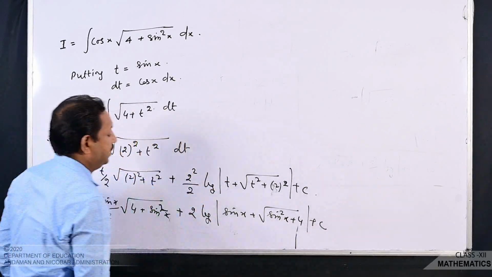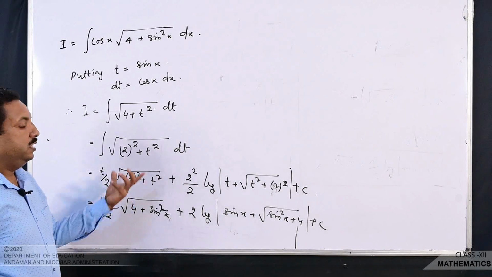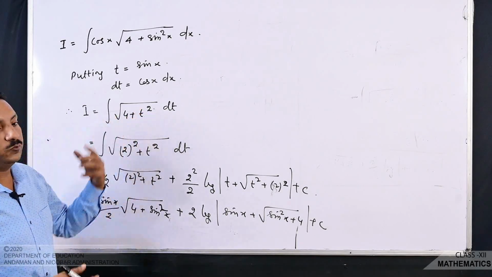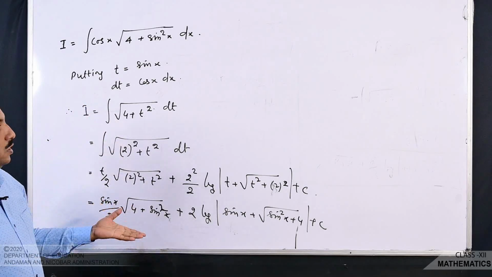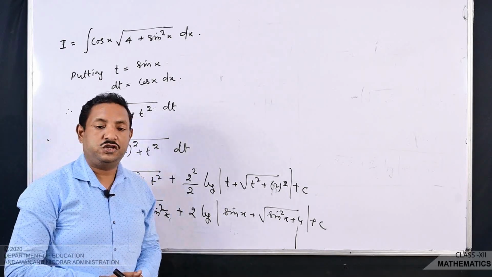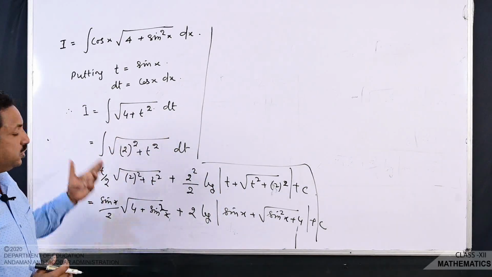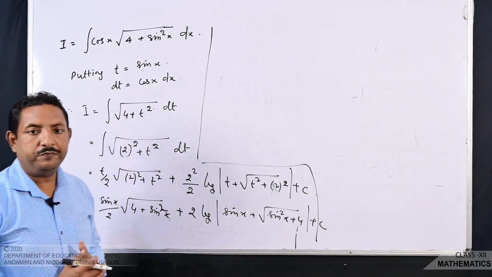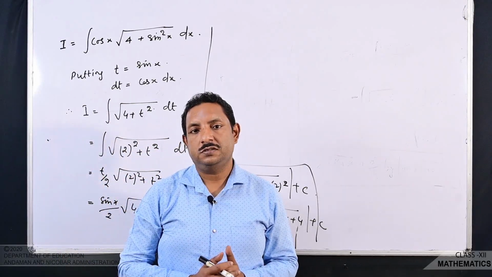So that is the integration of this one, by using these special forms. Okay. Now in this problem we have used the substitution method. Such problems can be solved by using these special forms.